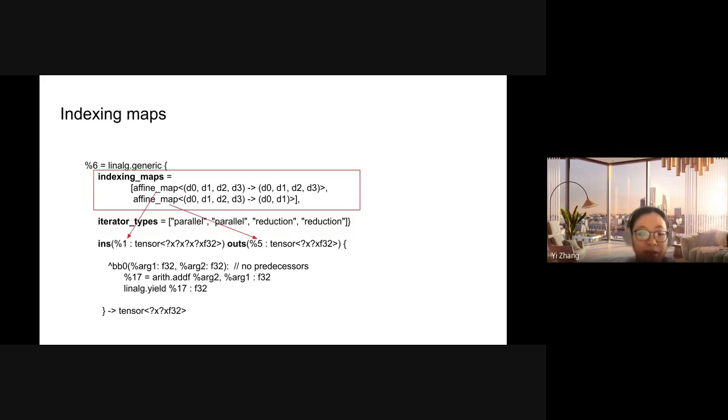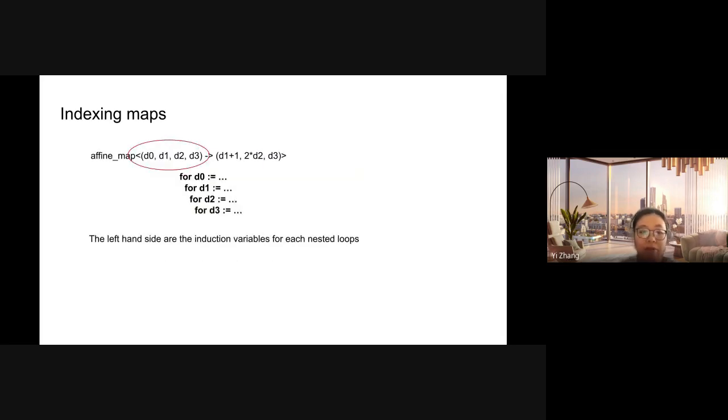The next component is the indexing maps. For each operand, no matter if it's an input or output operand, there needs to be an indexing map. Each indexing map is an affine map. On the left-hand side of the affine map are the induction variables.